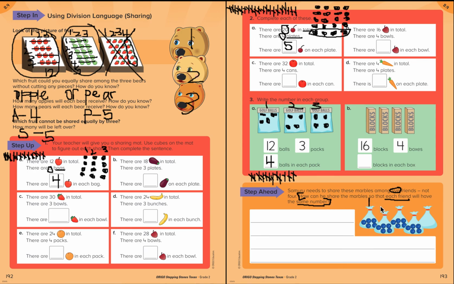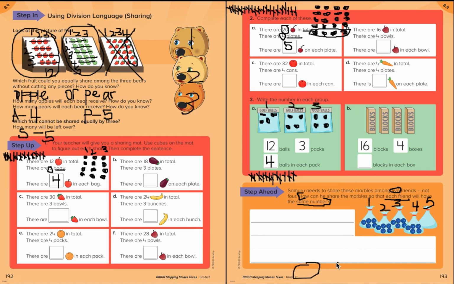Here's 1 bag, 2, 3, 4, and 5. So you're going to use the marbles that they already gave you in their bags. So you have to figure out how many marbles there are in all right now, and you're going to draw new bags. So at the bottom, you're going to draw your own new bags.